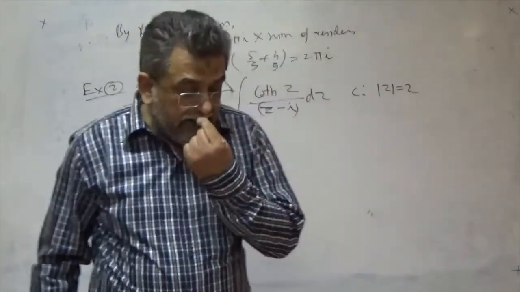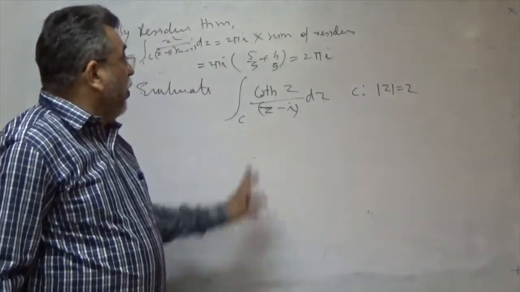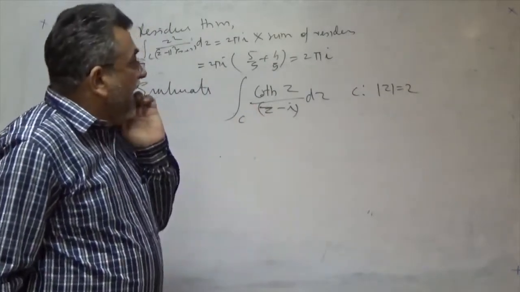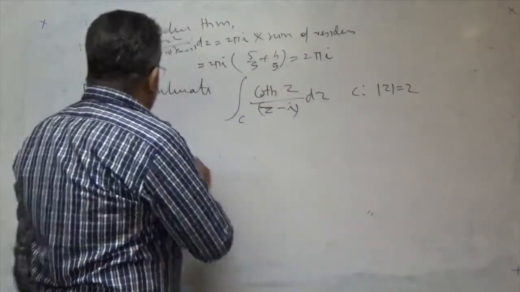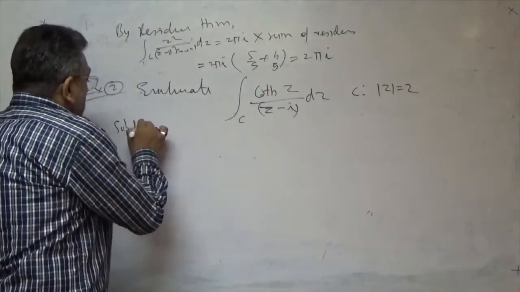This is another example of a complex integral, hyperbolic cot z upon z minus i. This is the circle.